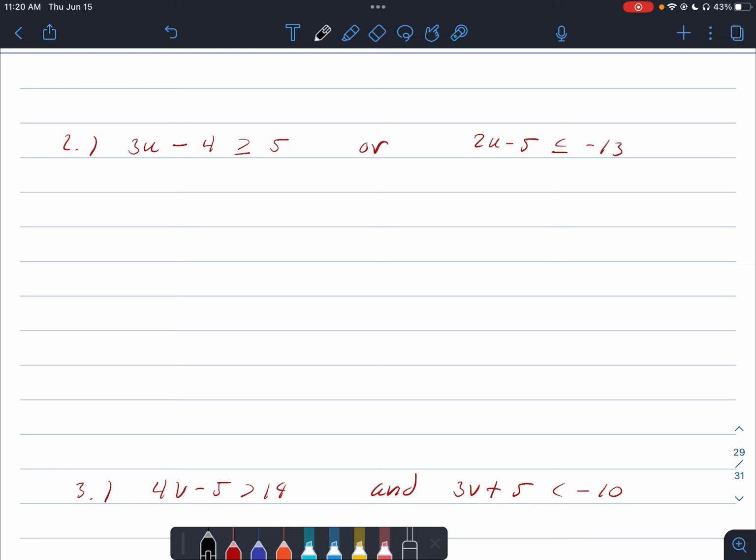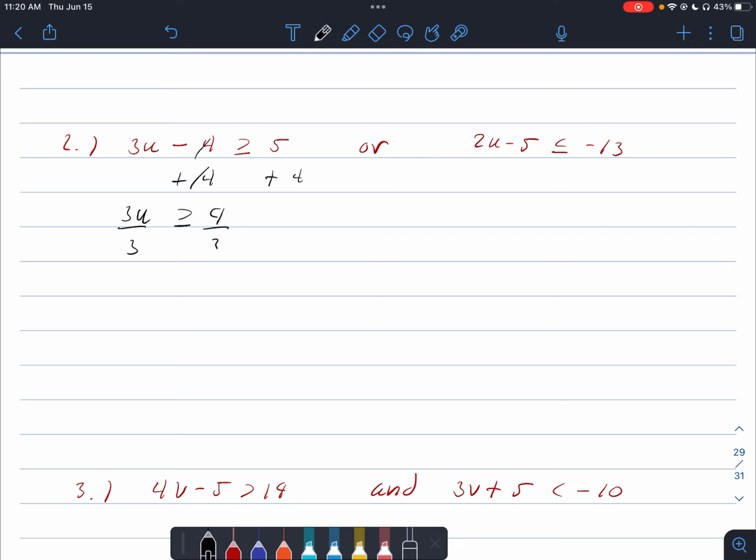So now let's look at this one. We have 3u minus 4 is greater than or equal to 5, or 2u minus 5 is less than or equal to negative 13. So let's go ahead and add the 4 to both sides. So now we have 3u is greater than or equal to 9.